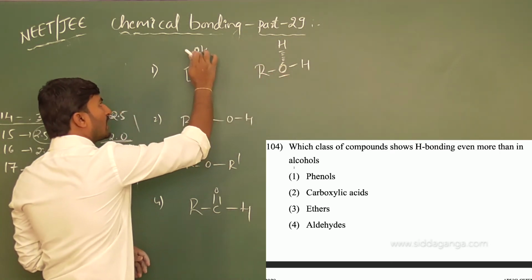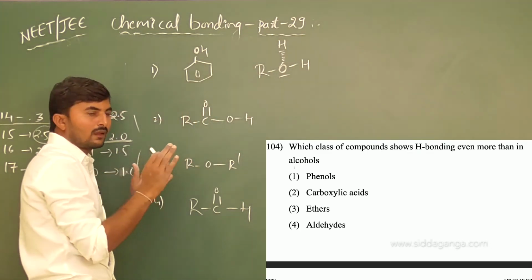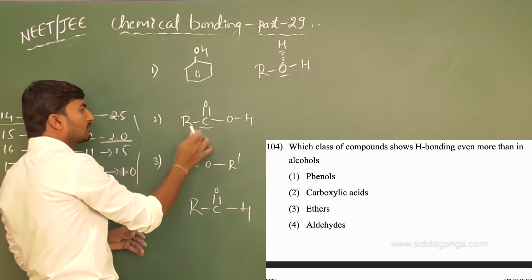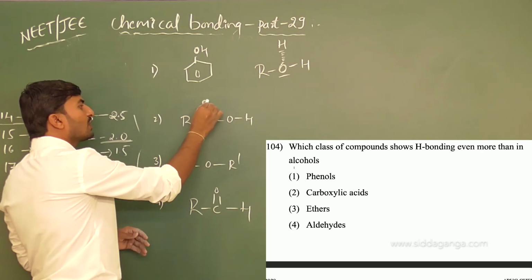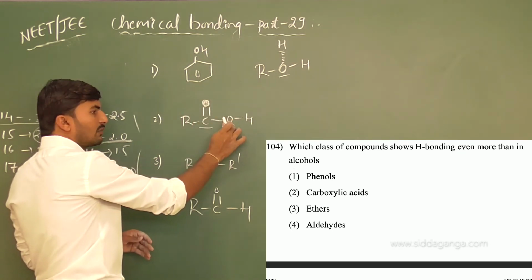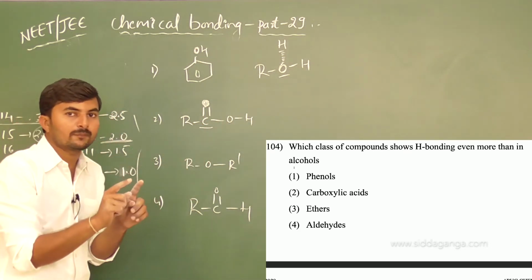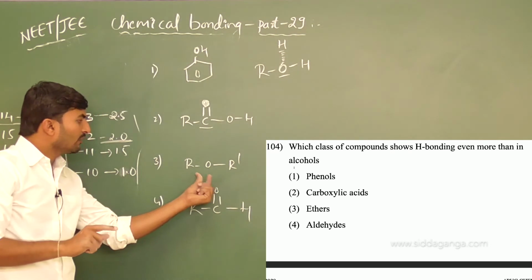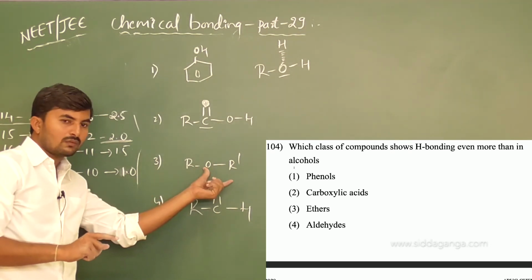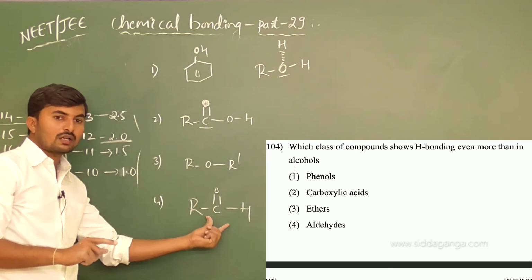Here also one oxygen atom is there, both having the same tendency. Here we have two oxygen atoms, one oxygen atom here, another here, and both have the capability to be involved in hydrogen bonding. But here we again have one oxygen atom, so only one hydrogen bonding is possible, and here also one oxygen atom.